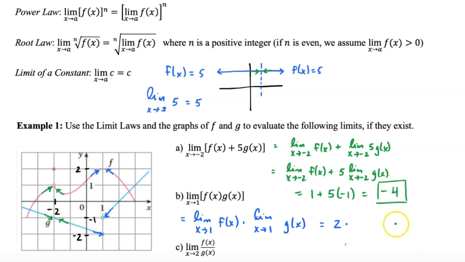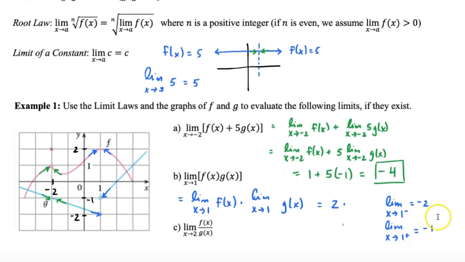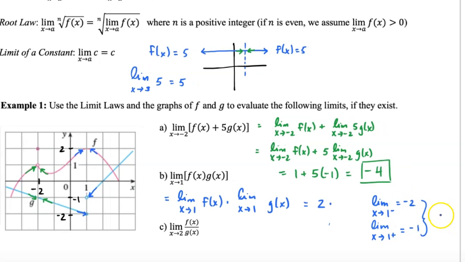So let's do a little side note. My limit as x approaches 1 from the left is -2, and the limit as x approaches 1 from the right is equal to -1. And for that reason, the limit as x approaches 1 of g of x does not exist, because the left and right-hand limits are not the same.